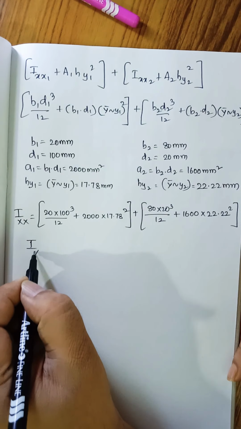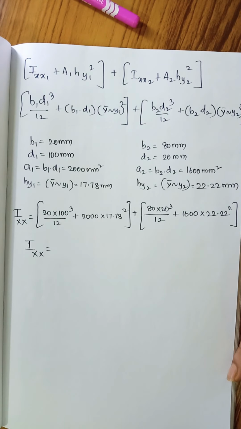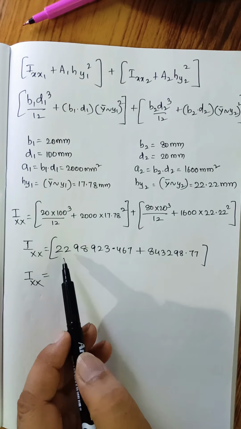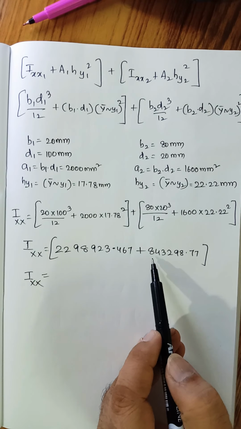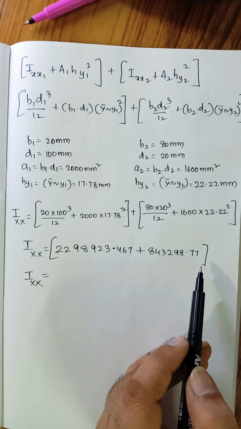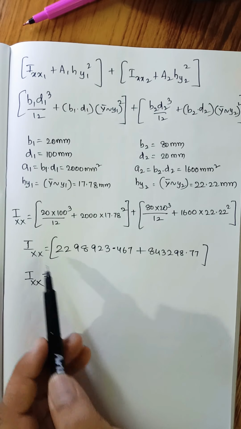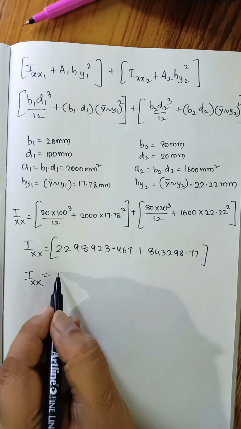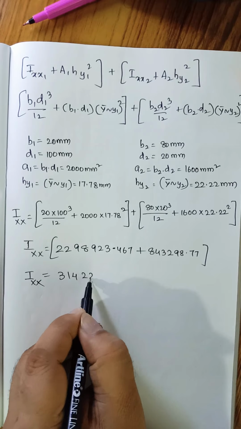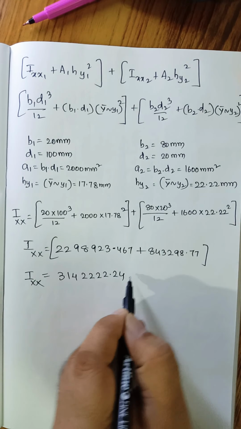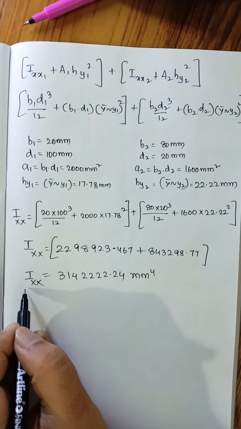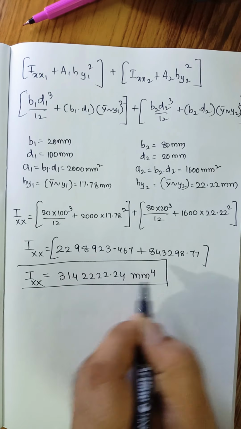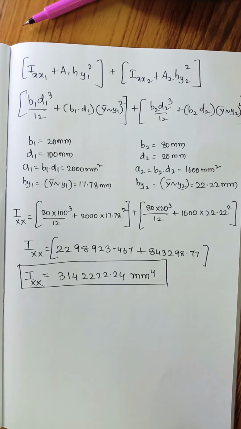Now we get Ixx, for the first rectangle we get this value, and for the second rectangle we get this value after substitution, and the total moment of inertia of the entire section with respect to the centroidal x-axis will be 3142222.24 millimeter to the power 4. The units are most important. If you don't write the units, your entire problem will be wrong.